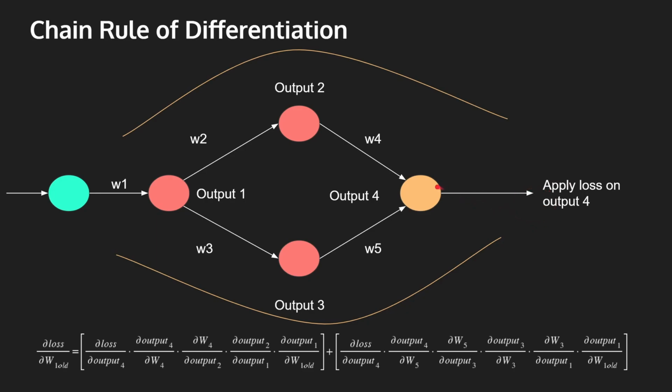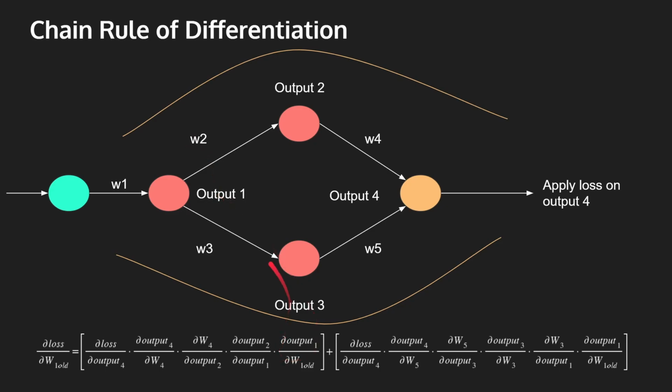Loss is dependent on output 4 here, and then output 4 is dependent on weight 4. We're assuming this path here, and then weight 4 is dependent on output 2. Output 2 is dependent on output 1. I actually just skipped over weight 2 since it's not necessary, as it cancels out at the end.